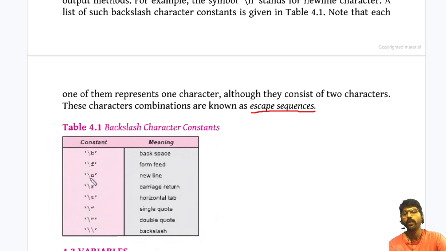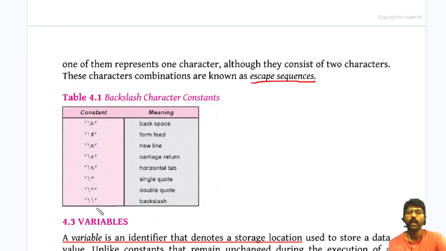Whenever you use such characters, you will create a new line in the printout. You already use such characters in the program, in the printf statement. It is made up of two characters. The first one is always a backslash, then it should be one alphabet or some symbol. It is called a backslash character constant or escape sequence. We use such constants in our program.